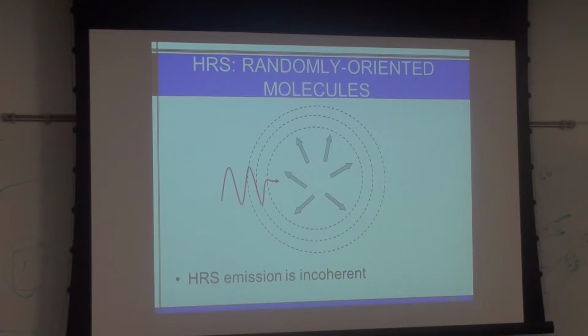So as a result, the net field that you record in the far field would be considered to be incoherent. That means it's not highly polarized and it's not highly directional at all. So a lot of chemists use this hyper-Rayleigh scattering in solution.